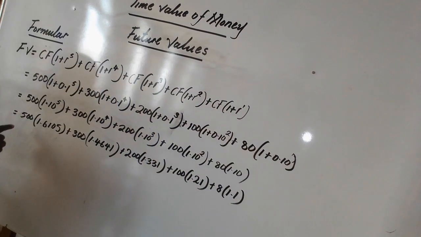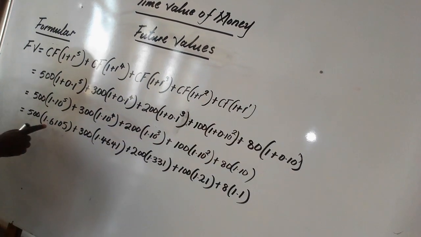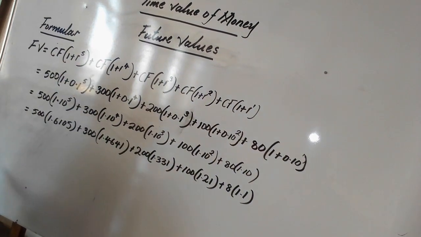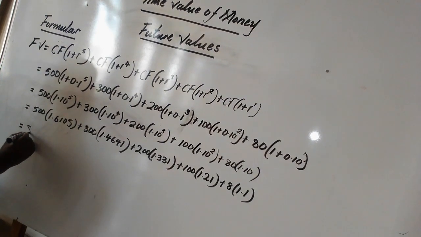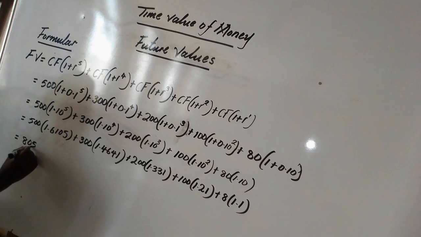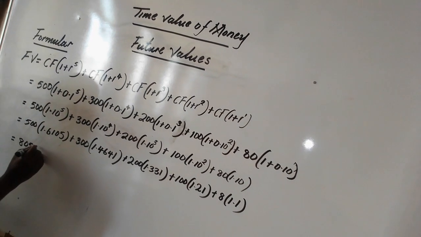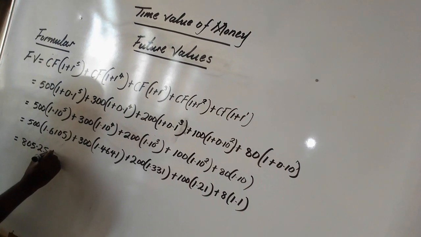And then you start multiplying. When you multiply 500 by 1.6105, it will give you 805.25.